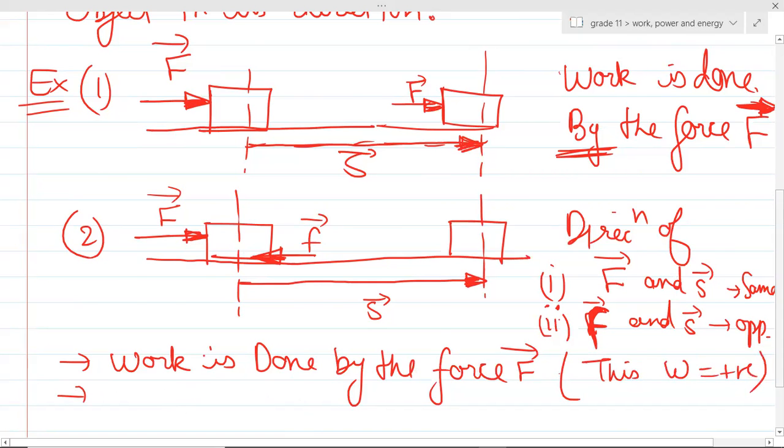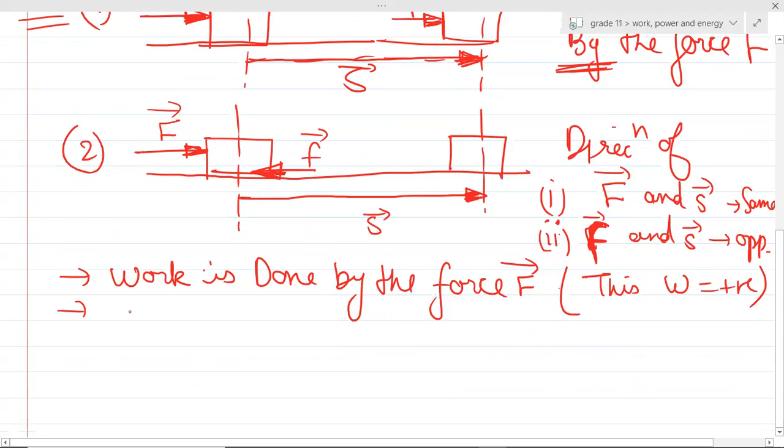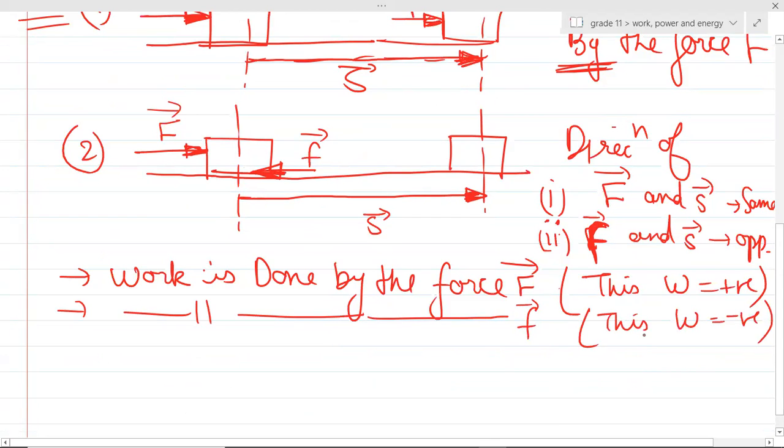We'll talk about positive and negative work a little bit later. Here also you will say the work is done by this force, but this work is negative. We'll talk about positive and negative work sooner or later. Is this clear? Please write till here, then we'll start again.